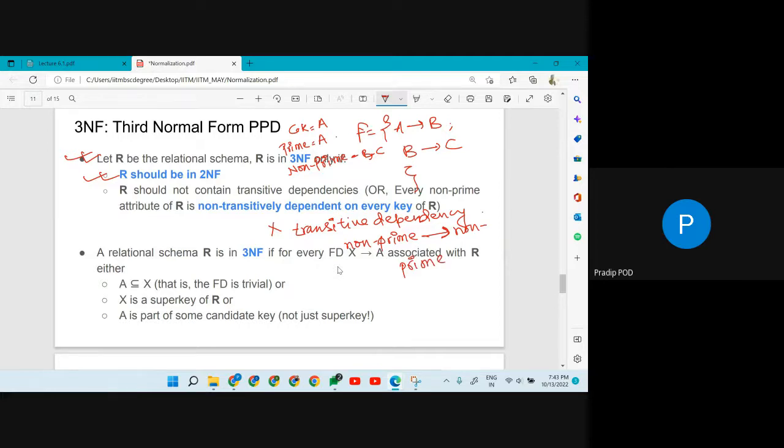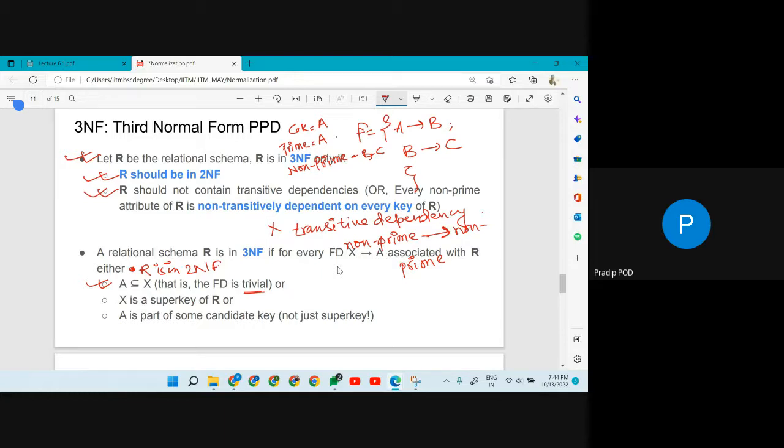So exactly the same thing is written here also. So this is one condition, or you can say the same thing in another language. When do we call a relation to be in the third normal form? If R is in second normal form, or the functional dependency is trivial.